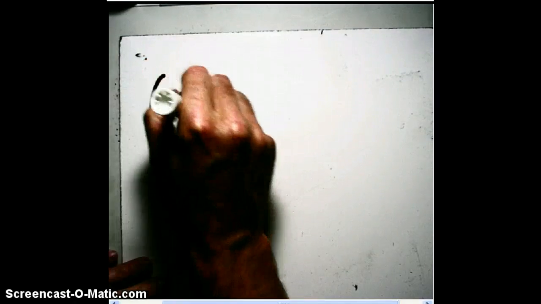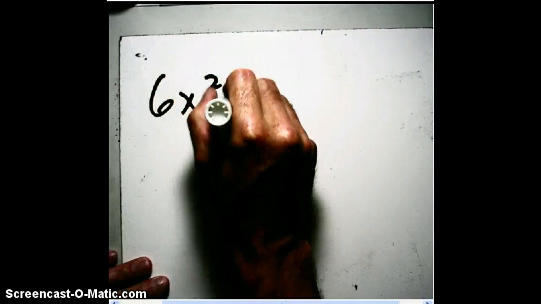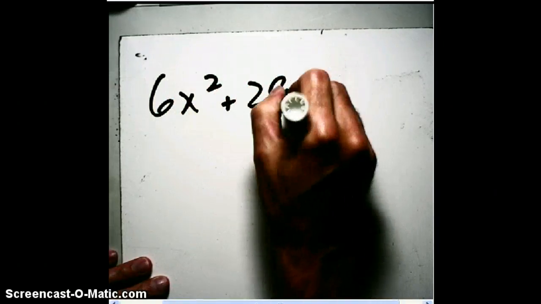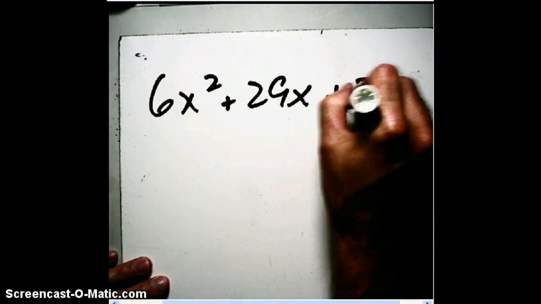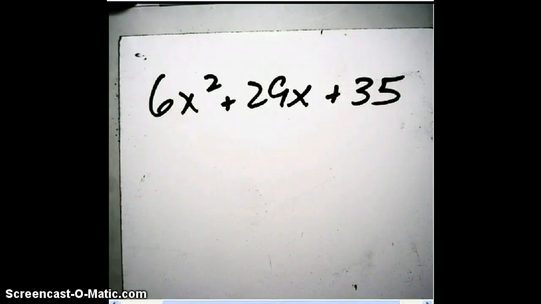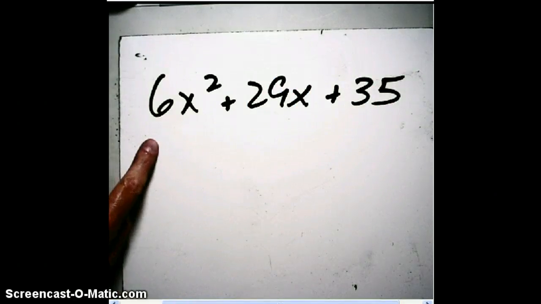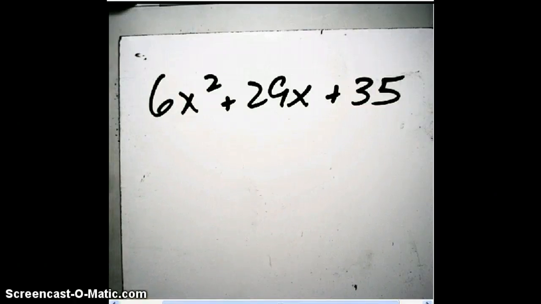All right, probably the hardest thing about factoring is doing a problem like this. Now, your author of your book says find factors of 6 and 35 that will combine in some way to give you the 29.